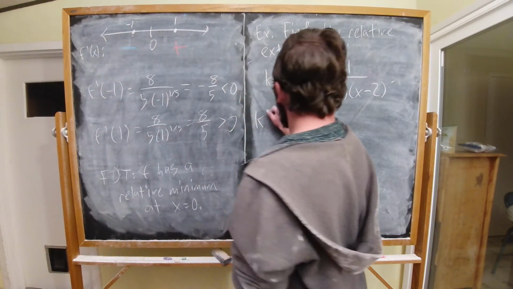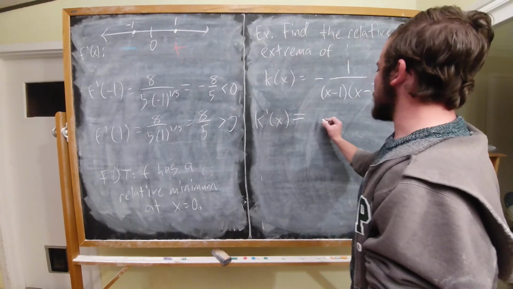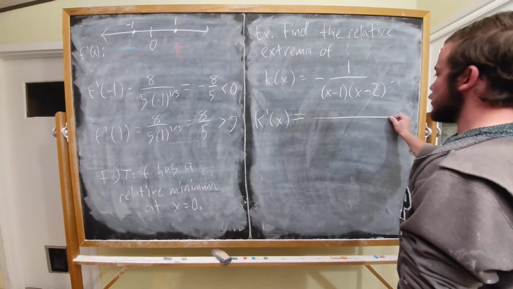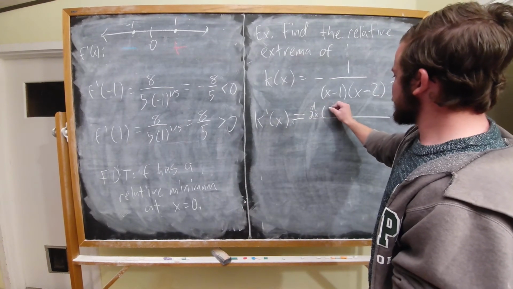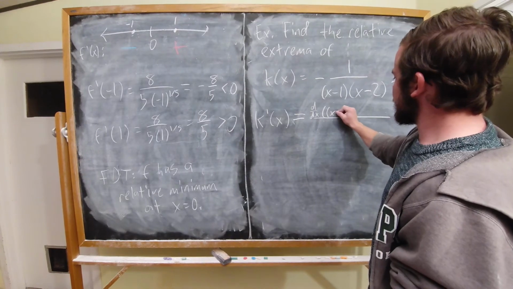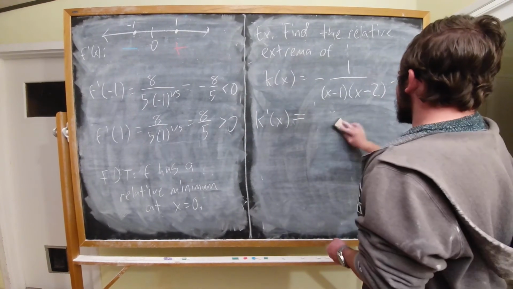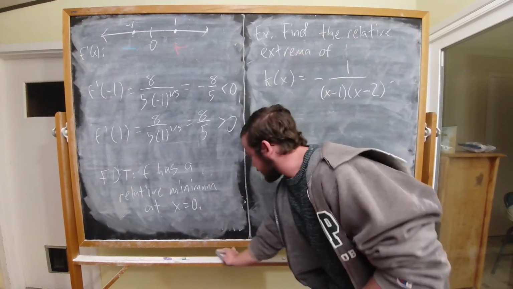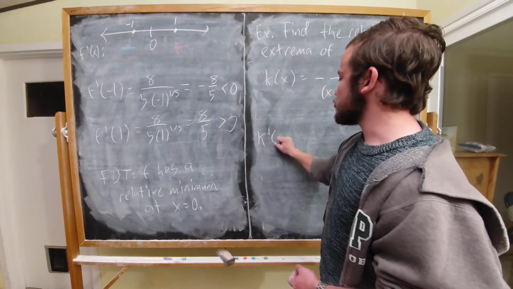Well, k prime of x is, by the definition of the quotient rule, derivative of the bottom, not the derivative of the bottom. Goodness gracious. See, this is why I don't like using the quotient rule. Too many things to keep track of.